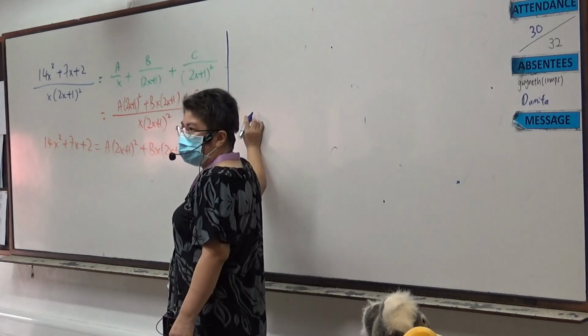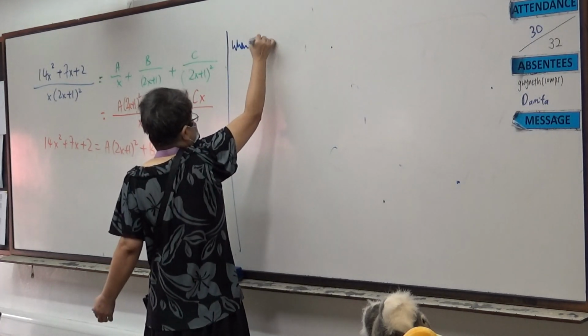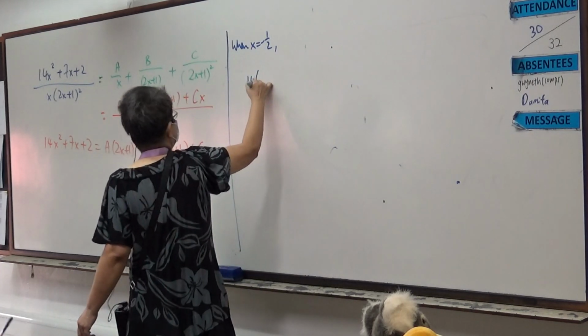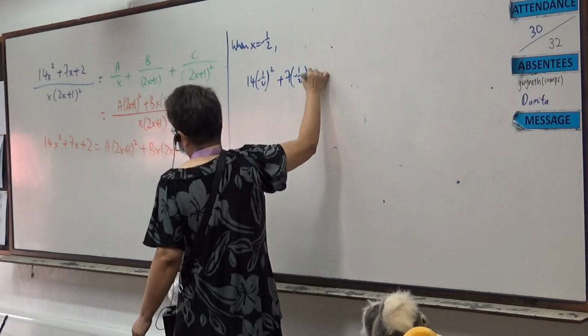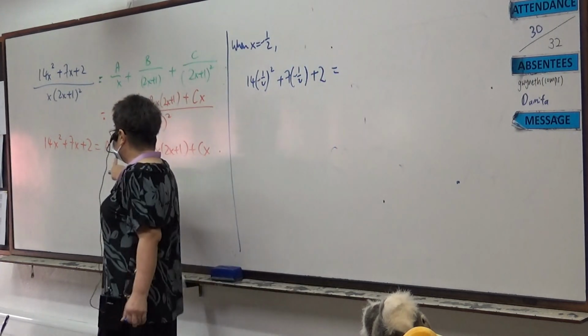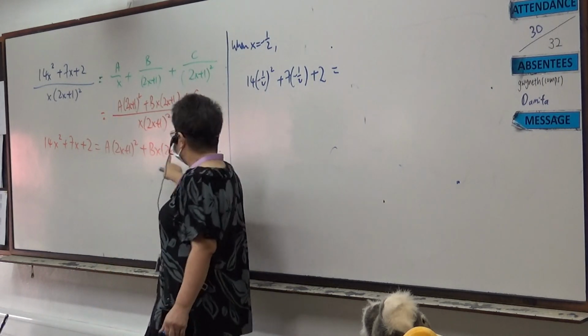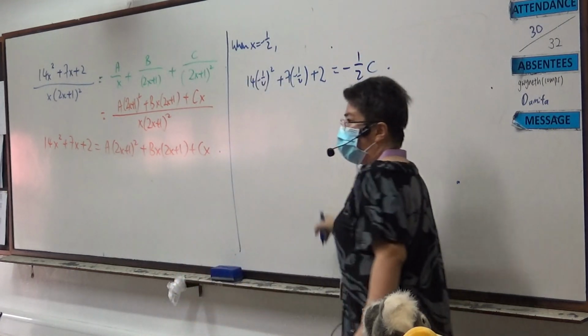I know you are tired, but let's go on. Okay? When x is negative half, I always write down, I will have 14 into negative half squared plus 7 into negative half plus 2 equals to. Now, when it's negative half, this is 0. When it's negative half, this is 0. So I'm left with this. So it will be negative half C, right?